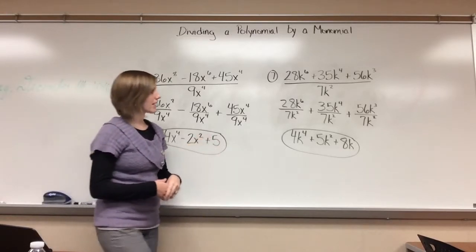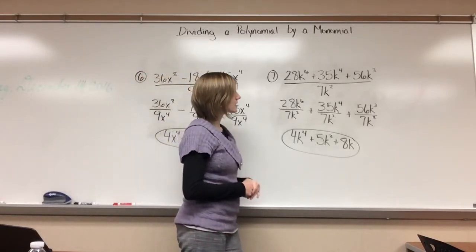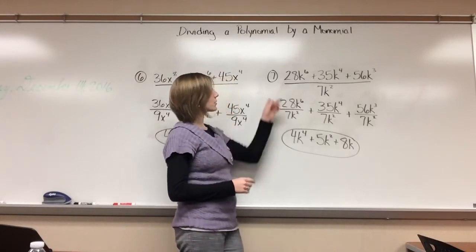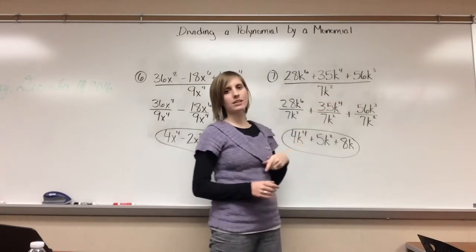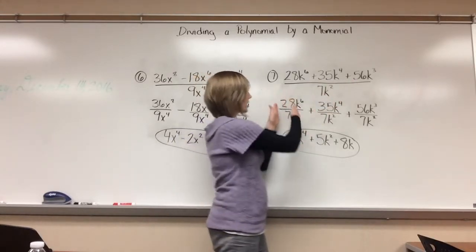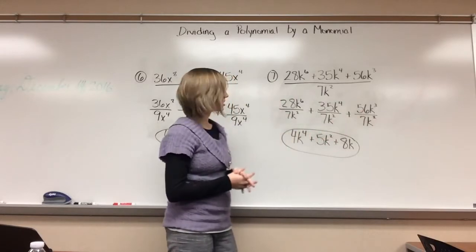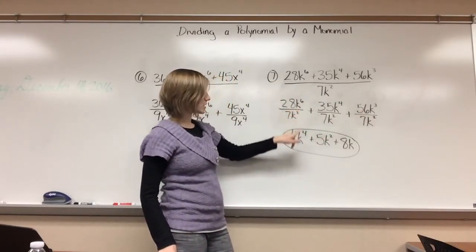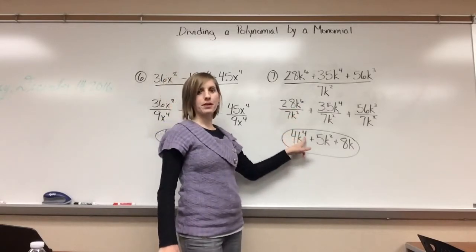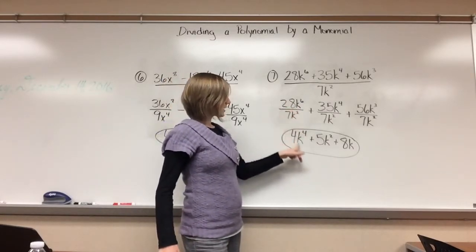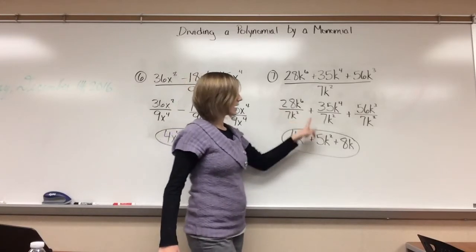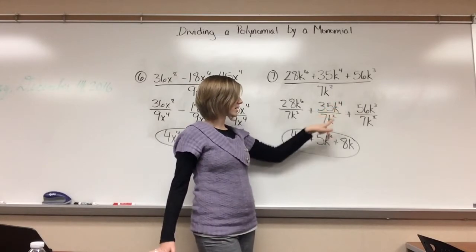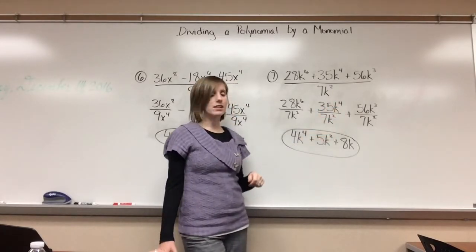And then for problem number 7, we had 28k to the 6th plus 35k to the 4th plus 56k to the 3rd, and we're dividing that by 7k squared. So I separated each term and then I did my division. So 28 divided by 7 is 4, and then subtracting the exponents, I got a 4 for my exponent as well. So 4k to the 4th, and then my addition sign. 35 divided by 7 is 5, and then subtracting my exponents, I got a 2, so I have 5k squared.